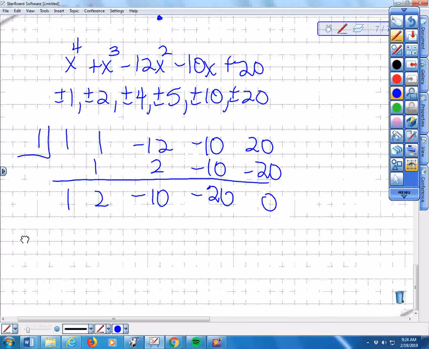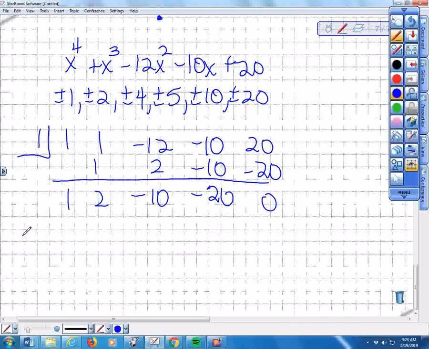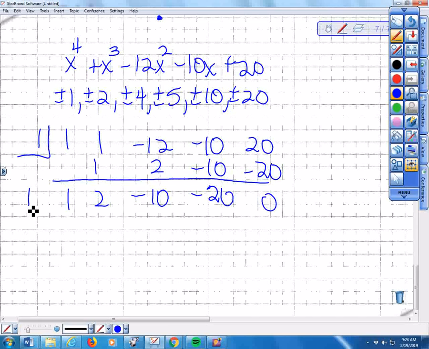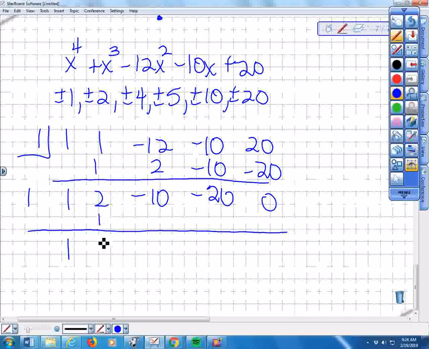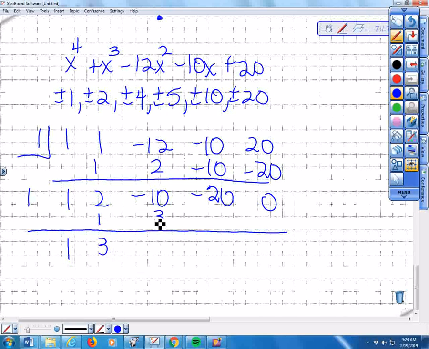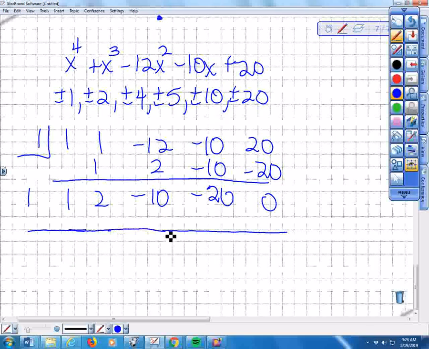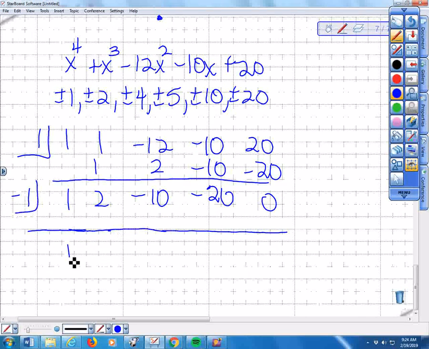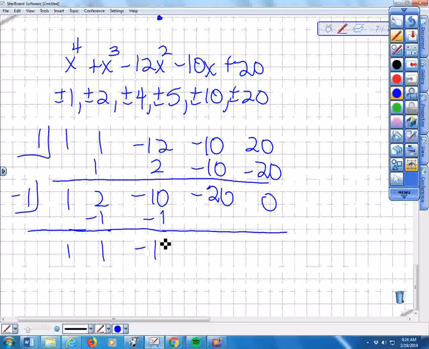But this is an x to the 4th, so I have to do it twice, right, to find all of them. Let's try 1 again for the fun of it. Just see. 1, 1, 3, 3. That's not going to work. Let's try negative 1. 1, negative 1, 1, negative 1, negative 11. Nope.